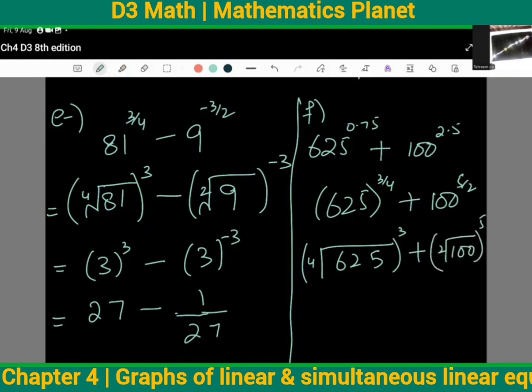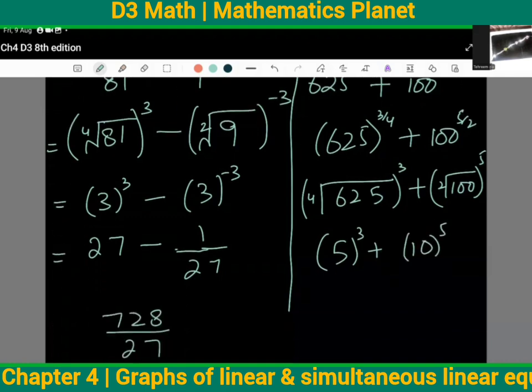Now what is the fourth root of 625? 5. 5 cubed plus square root of 100 is 10 to the power 5. Okay, now we have to simplify and solve this. 5 times 25 will be 125, plus 10 to the power 5 is going to be 100,000.